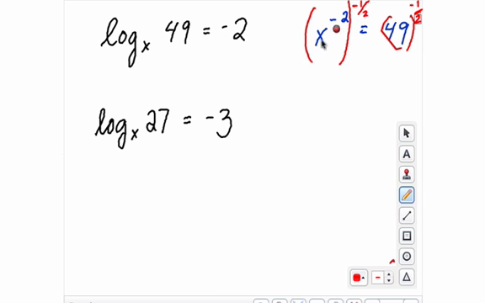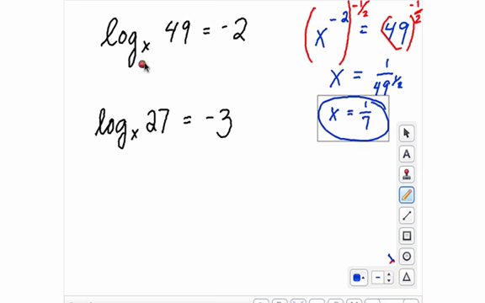Negative 2 times a negative 1/2 gives me x to the first power. And 49 to the negative 1/2 power, you deal with the negative first, so that gives you 1 over 49 to the 1/2 power. What's the square root of 49? That's what 49 to the 1/2 is, so x equals 1 over 7.